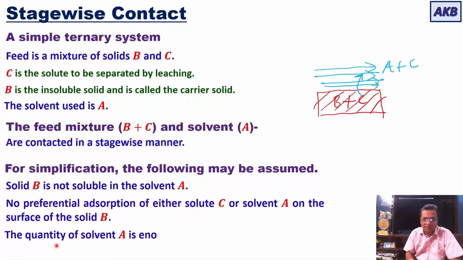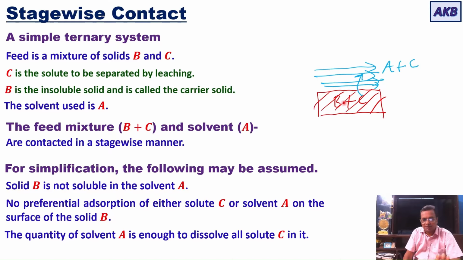And the third assumption is the quantity of solvent A is enough to dissolve all solute C in it. The quantity of solvent that you use in the operation is enough to dissolve all solute C that is present in the solid mixture.